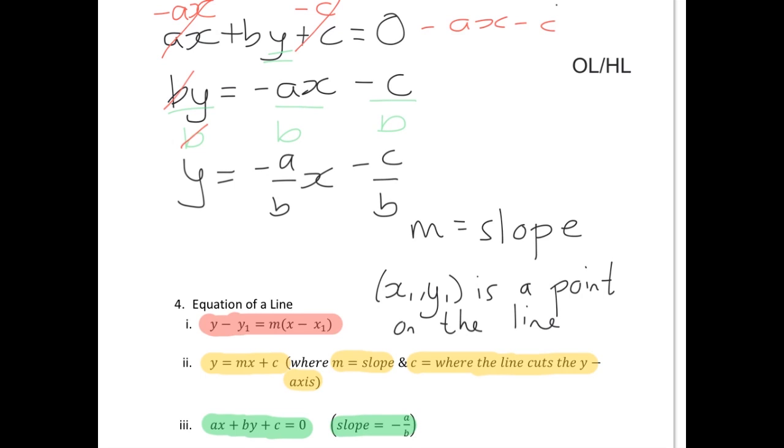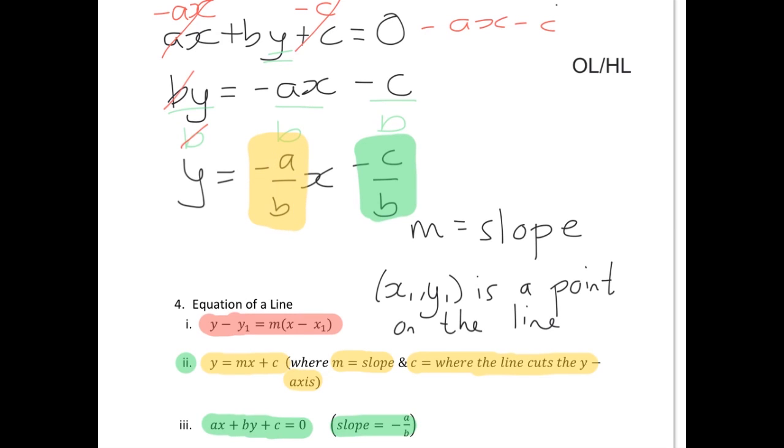Now remember that this minus c over b is just where, if we look at equation number 2 down here, the line cuts the y-axis. But the important thing we're looking for here is our minus a over b.